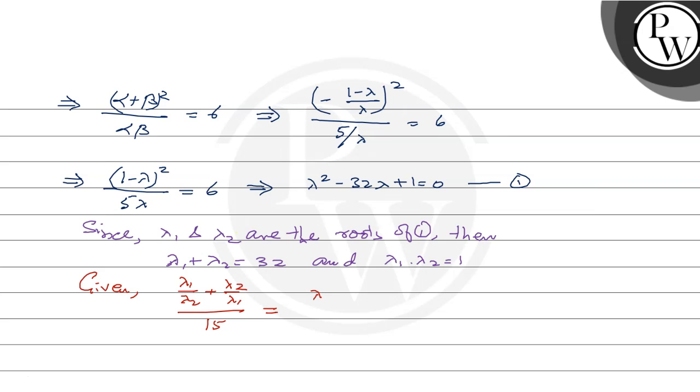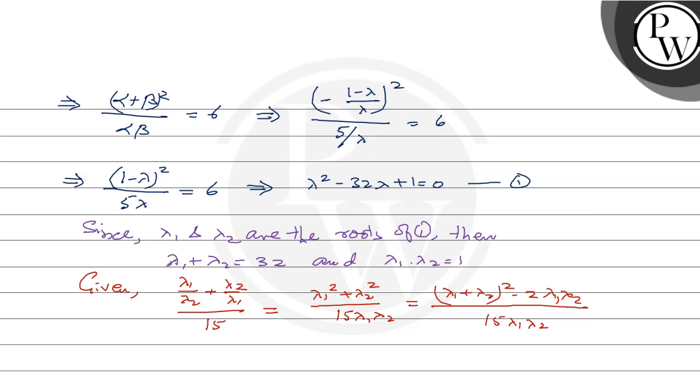So we are getting lambda 1 square plus lambda 2 square divided by 15 times lambda 1 times lambda 2. Am I right? So it can be further written as lambda 1 plus lambda 2 whole square minus 2 lambda 1 lambda 2, divided by 15 times lambda 1 lambda 2.